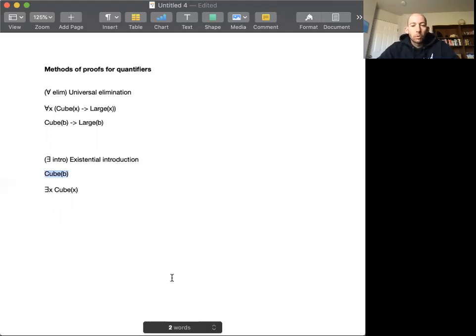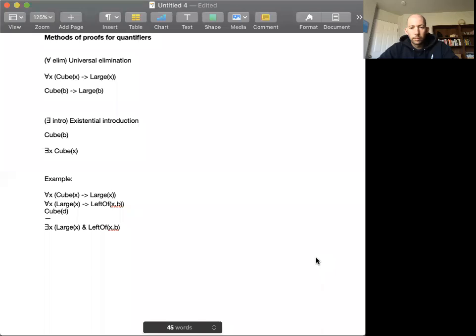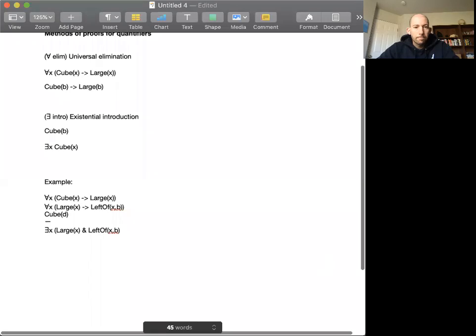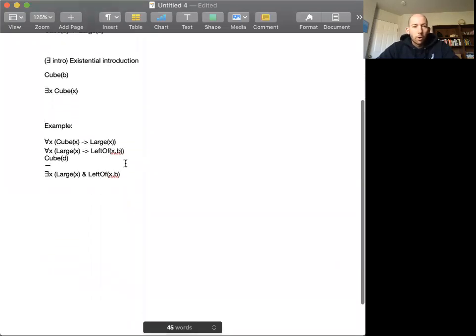Let me give you also an example. What I've done here with this example is started with three premises. The first one says that all cubes are large.